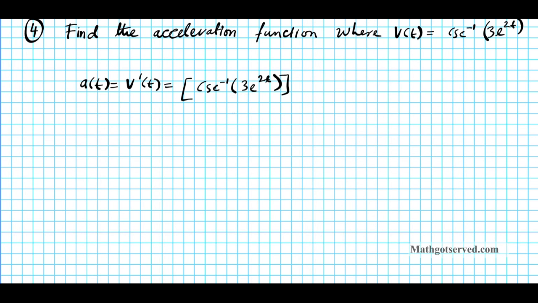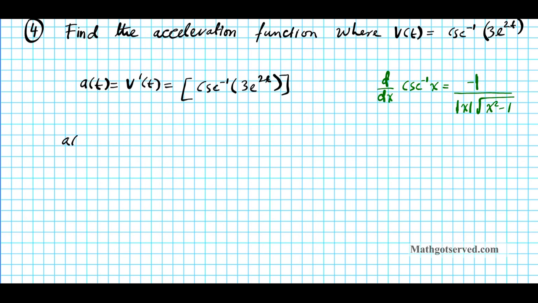So let's first determine what the formula is for the derivative of the inverse cosecant function. d dx of inverse cosecant x is equal to -1, just like the secant function, just the opposite, over the absolute value of x times the square root of x squared minus 1. Alright, so let's go ahead and apply that here.